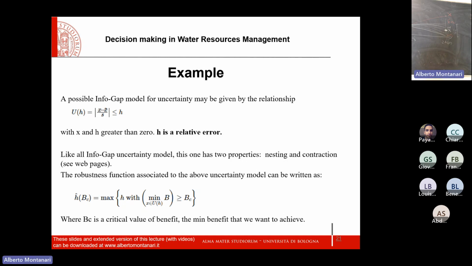Okay, and therefore I estimate the critical value of X, and I fix the max distance of the true value in the future from what is predicted to ensure sustainability. This is the condition that I impose. When I impose an upper value of H, it means that I am fixing how much the future true value of water resources availability can depart from the predictions, including uncertainty S.